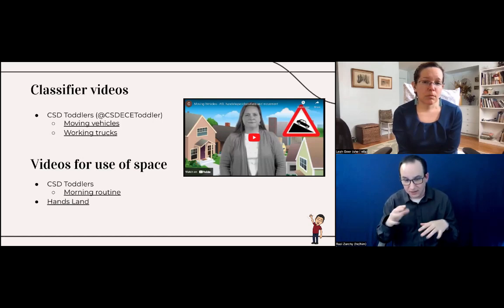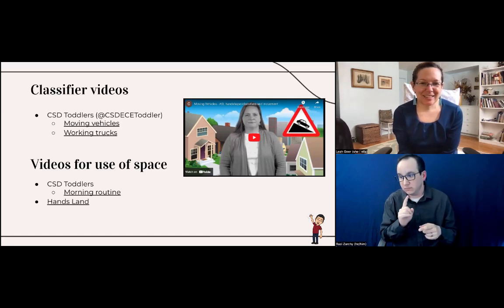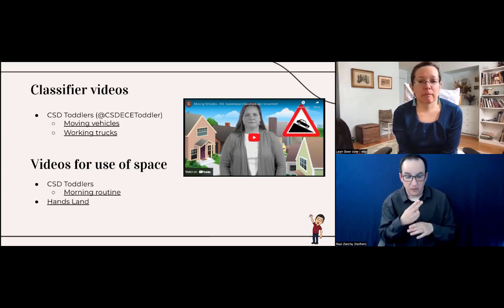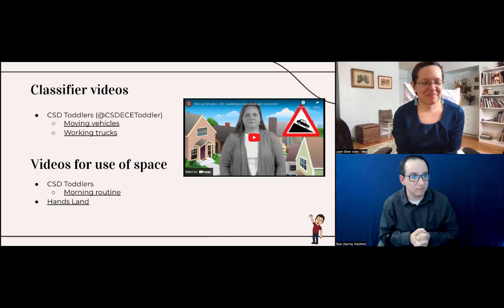There's a program called Hands Land. You can actually buy it on Amazon. It's a show. It's pretty cheap, and kids love watching this. They use rhythm and space to put on a show for children, so highly recommend that.